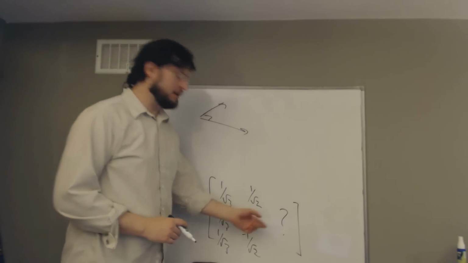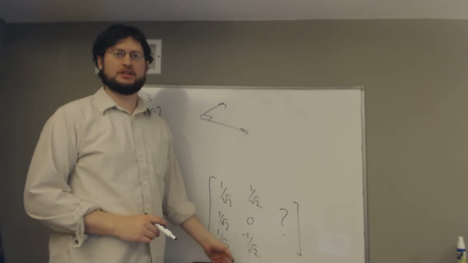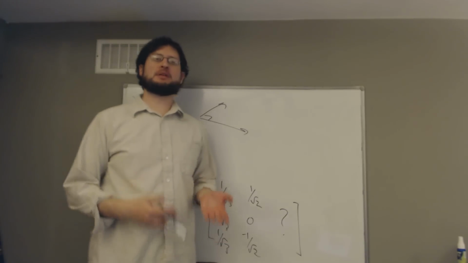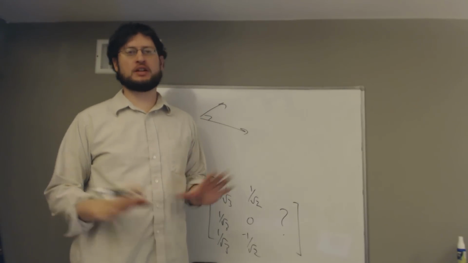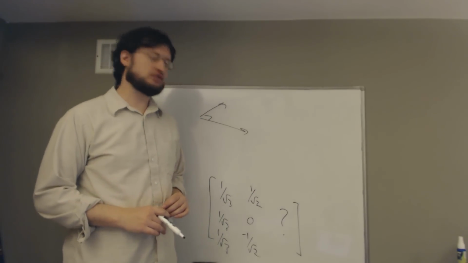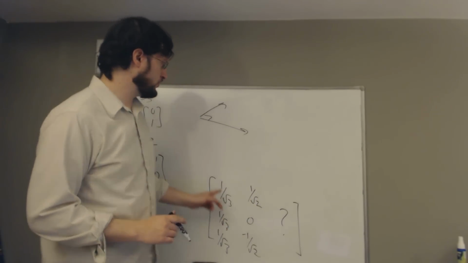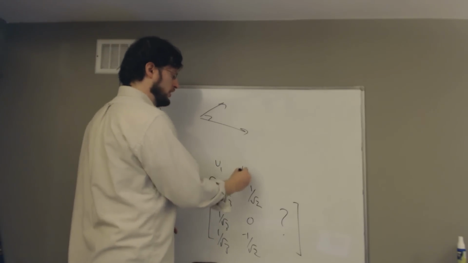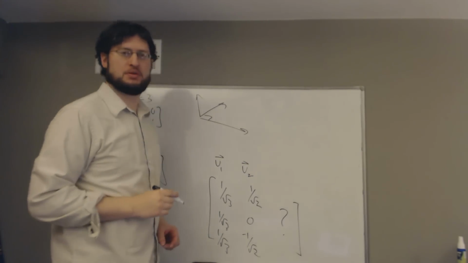Now, the simplest way to do that in this particular case is simply to cross these two vectors together. It can be more complicated than that in a larger matrix situation, but we're not going to really have to worry about this too much, and this is going to work for us in this case. If I took U1 and U2 and cross them together, then I get a vector which is perpendicular.